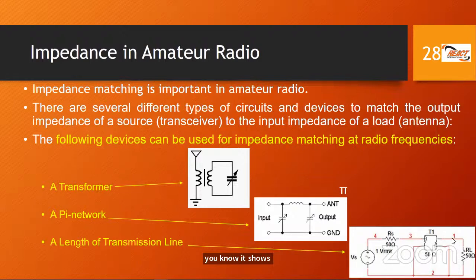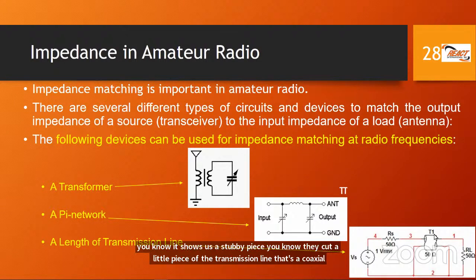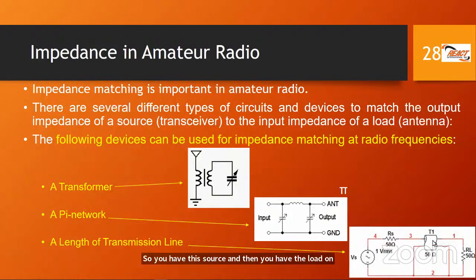So you have the source and then you have the load on one side, and you can use a transmission line to match or to do impedance matching. So we need to learn that these three things can be used for impedance matching at RF or radio frequencies: a transformer, pi network, length of transmission line, and we have provided some pictures as to what they look like so that these things are not hopefully too abstract concepts.